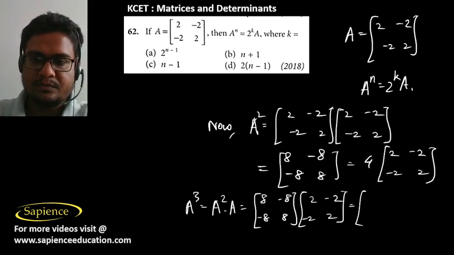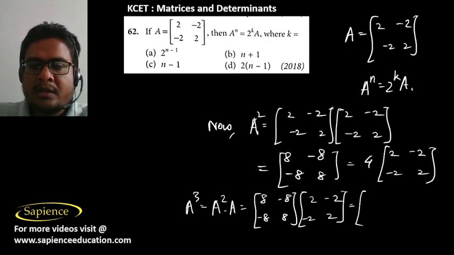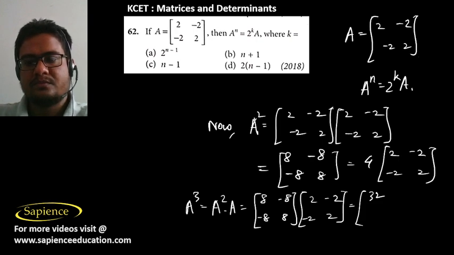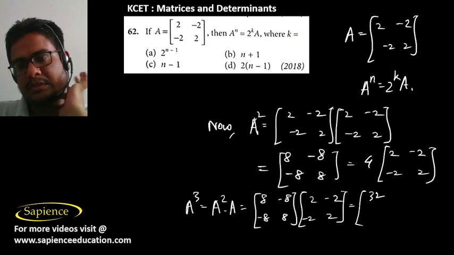So this will be equal to 16 plus 16, that is 32, and 16 plus 16, that is minus 32.